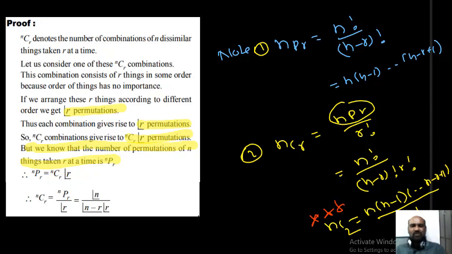Okay students, I will show you. Listen. For example, we want to find the value of 6C3. What is the meaning of 6C3? Six different elements are there, and we select 3. How many ways can you select?